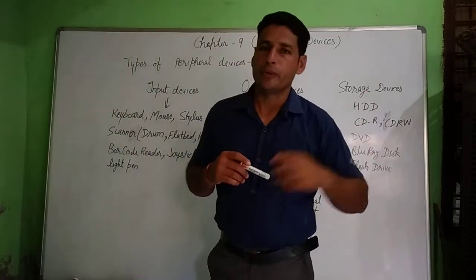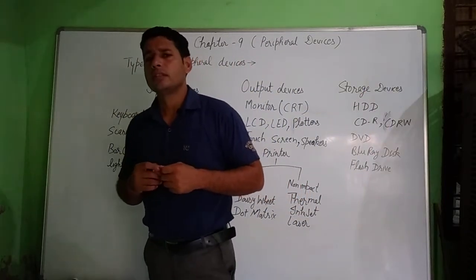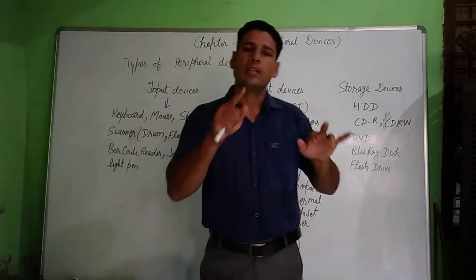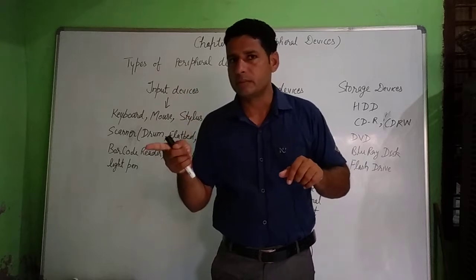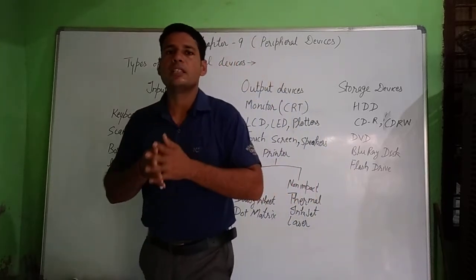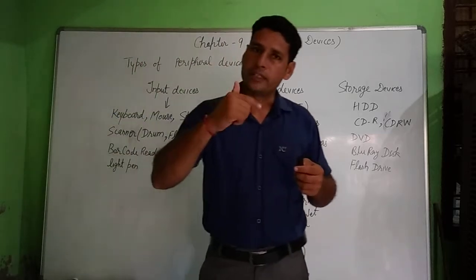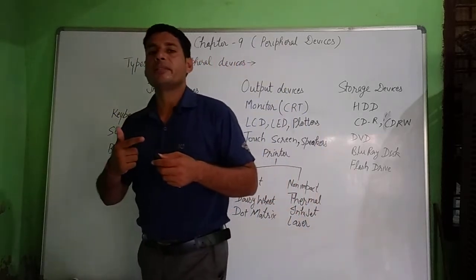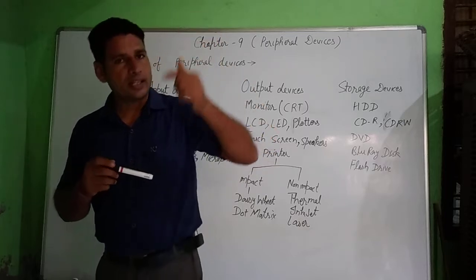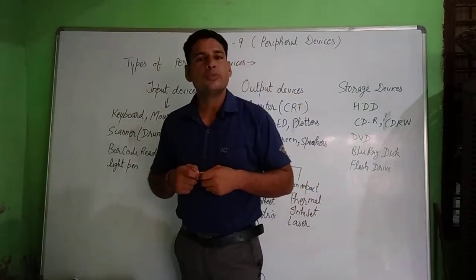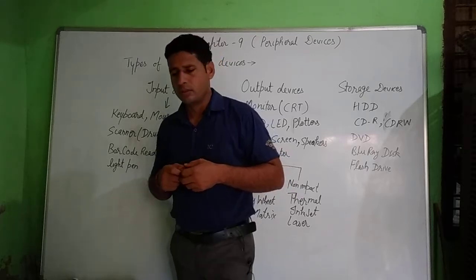Students, a mouse basically has three buttons. Two are the clicking buttons, left button and right button, and one is the scroll button. You can scroll with that button, which is used to move the page up and down. So this is the use of the mouse.